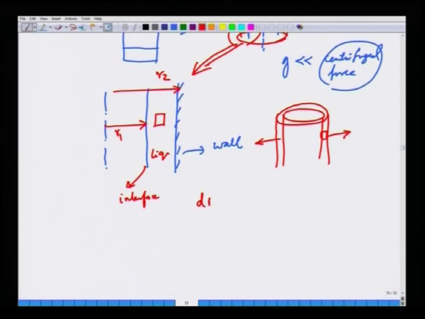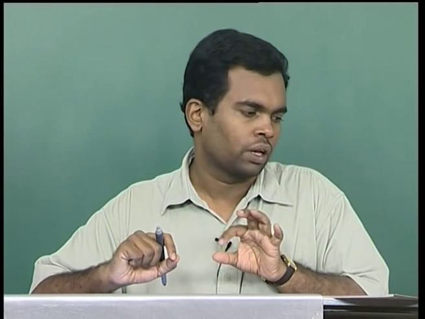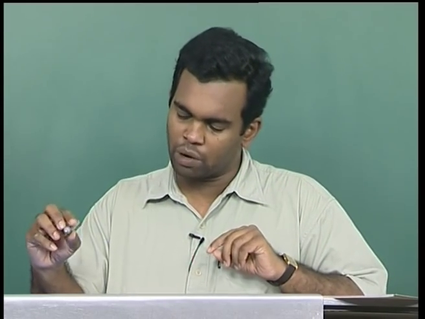The differential force on a volume element, the differential centrifugal force on a volume element, goes as mass times the radial distance times the angular velocity squared, m r ω².